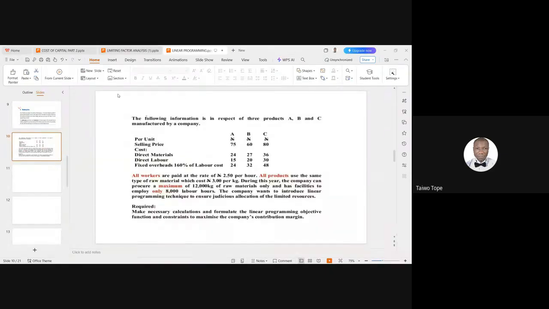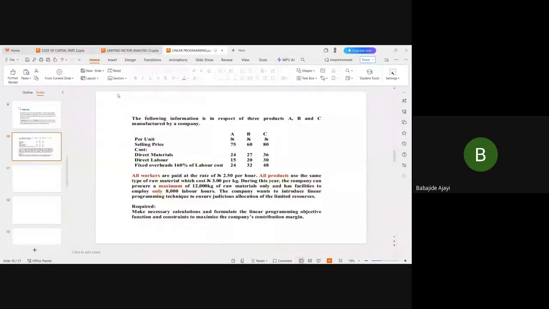Now, based on this question, what will be your contribution for product A, B, and C? Product A is 36. Okay, can you explain further, sir? How did you get that?